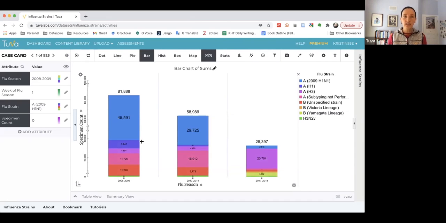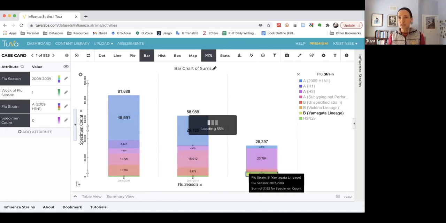We can start to see not only the kinds of strains that we saw. For example, the strain B Yamagata lineage only shows up in the 2017-18 season of these 3 seasons. So the number of strains and the proportion of those strains across these flu seasons is differing.